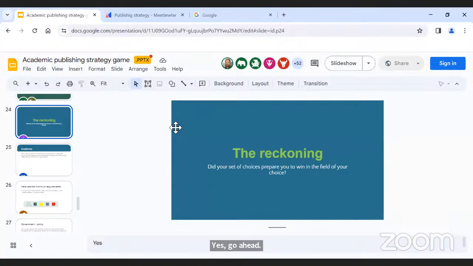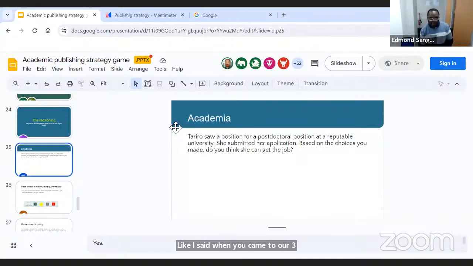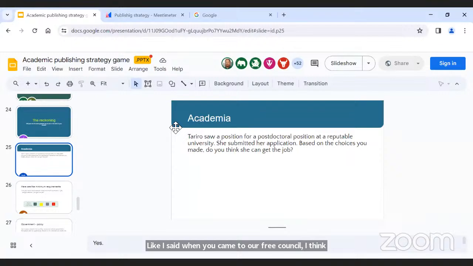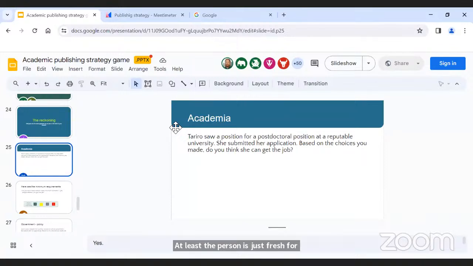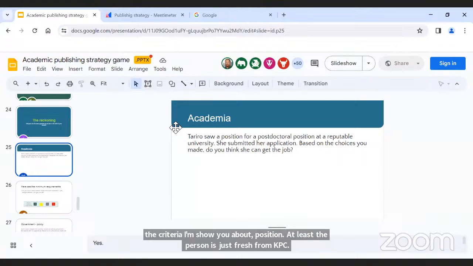So, like I said, when you came to our breakout room, I think writing a paper during the PhD program should be an added advantage for a candidate to get into a postdoctoral position. At least the person is just fresh from PhD, and one of the criteria I'm sure for PhD candidates is to have published his or her PhD paper in the course of training.